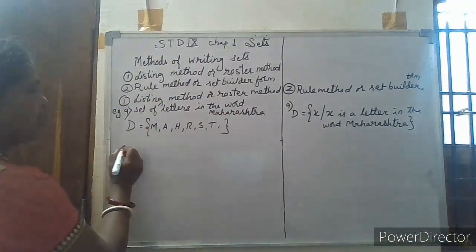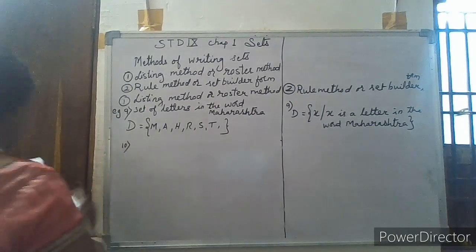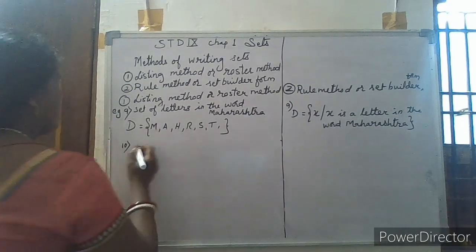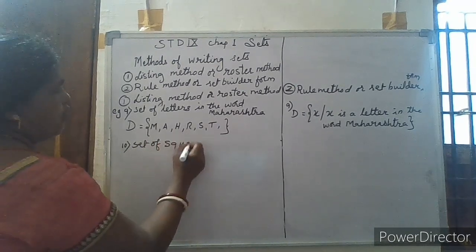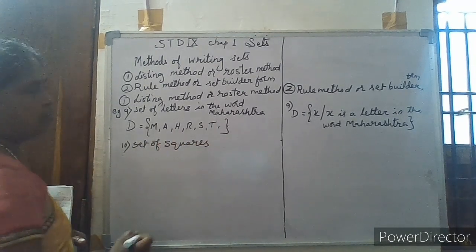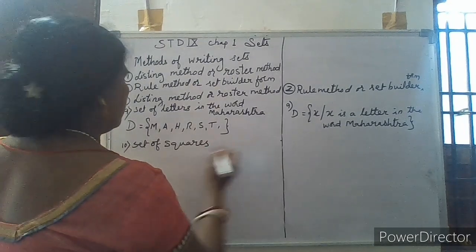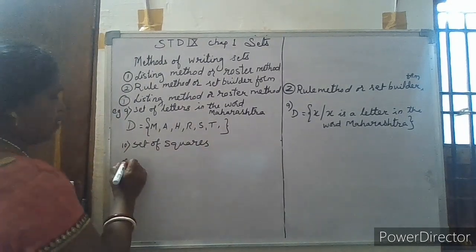Now, example 10. Set of squares. When we write square numbers, it is a little different. So, set of squares.